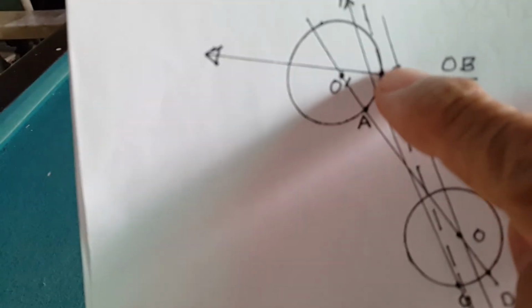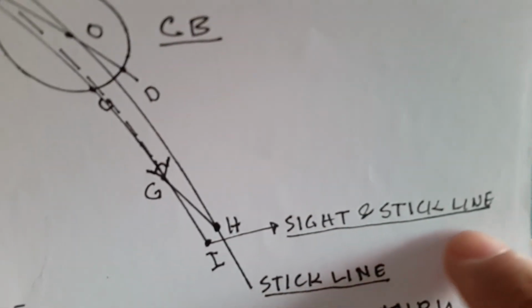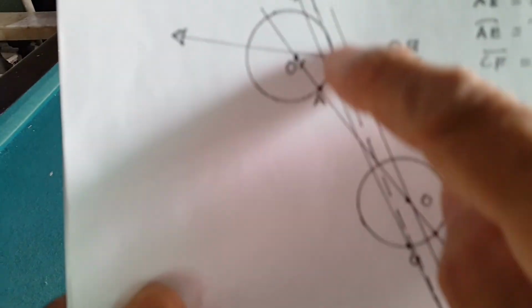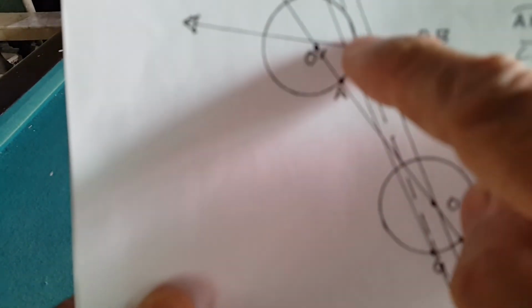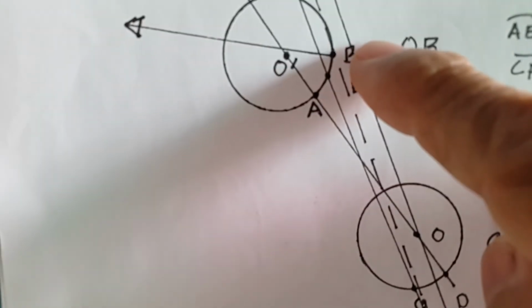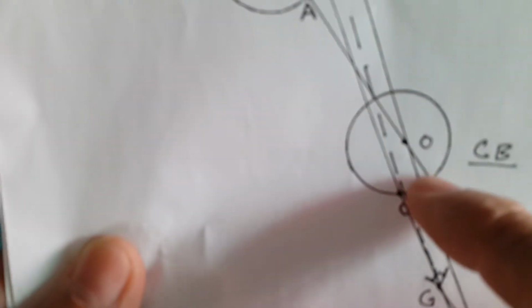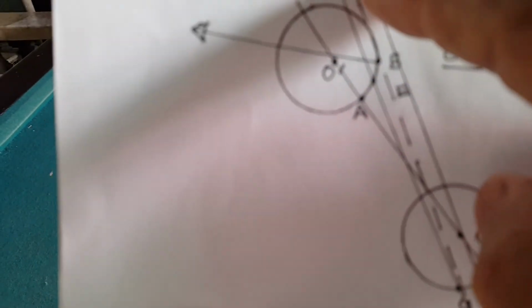So once our sight line is directly at the contact point and the stick is hitting at the center of the cue ball, then we can say that the procedure is followed.